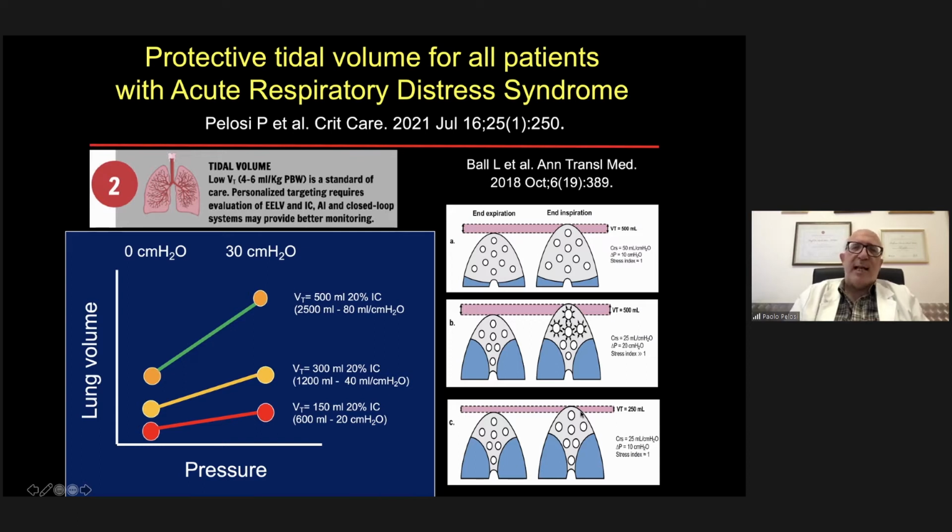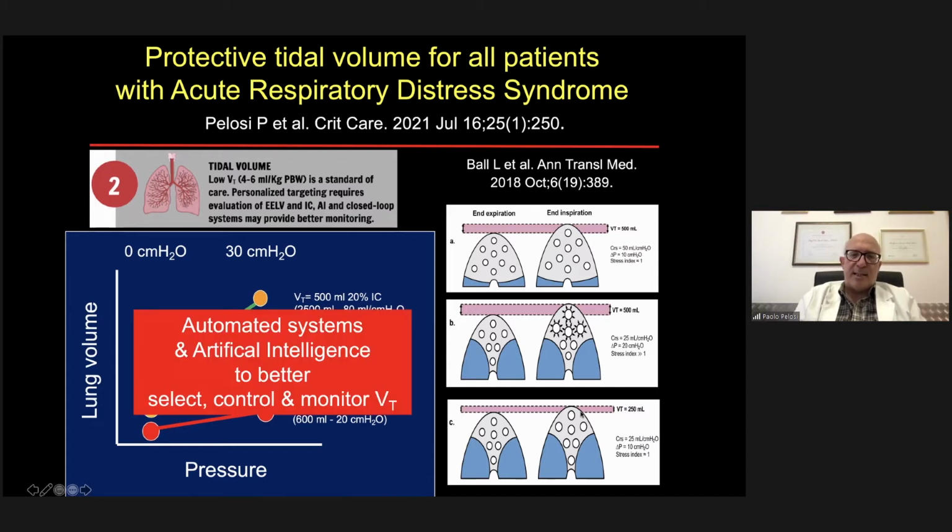So we can look at the other side of the coin, in which inspiratory capacity is an easier method to standardize tidal volume. Of course, we have to consider that automatic systems and artificial intelligence may help to have better selection, control, and continuous monitoring of tidal volume in these patients.